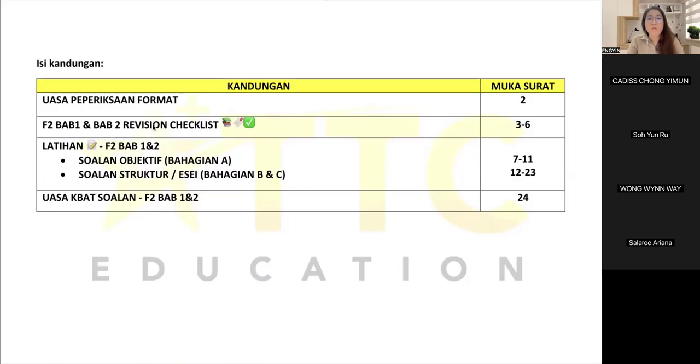You just read, and then you think you read a lot, but you still can't score because you don't know what you're reading. Are you with me? So that's why we give you a checklist: after I read chapter 1, do I remember all these things? If yes, good. If no, then you need to change your study method, or study again.